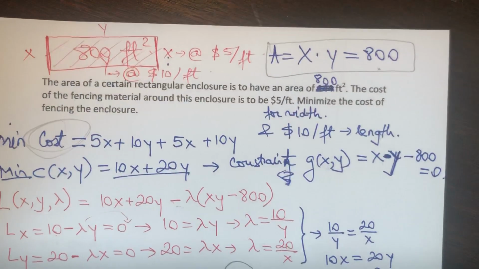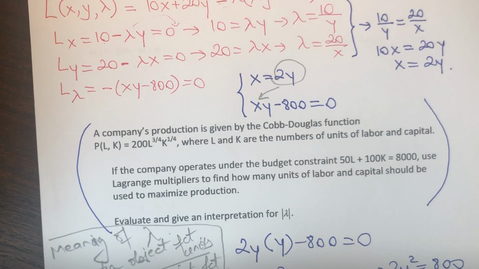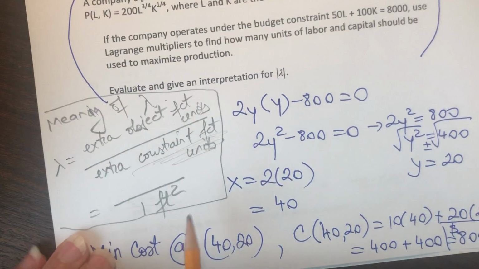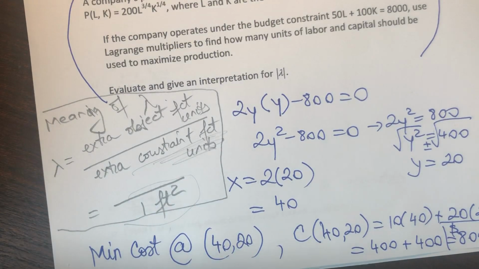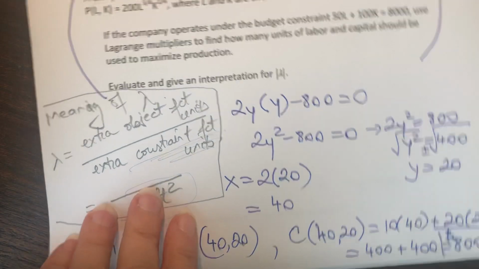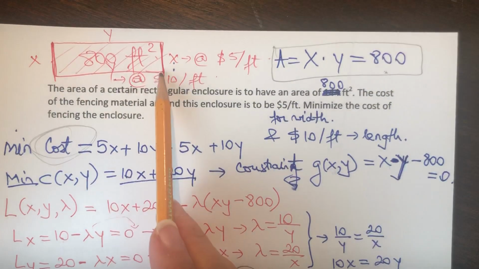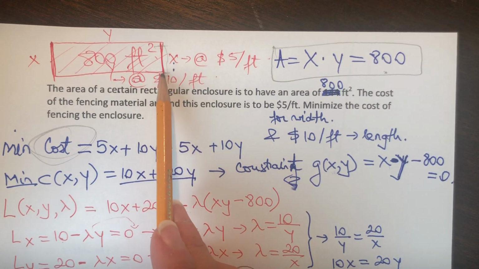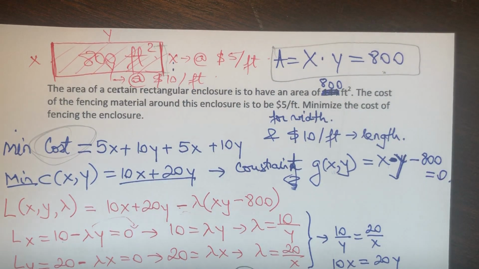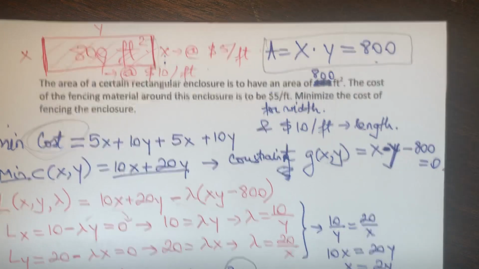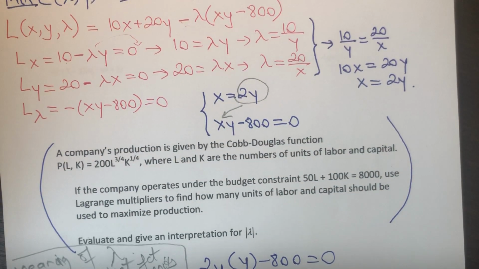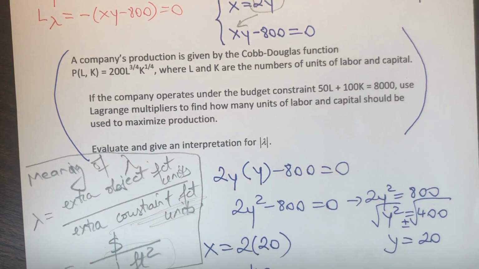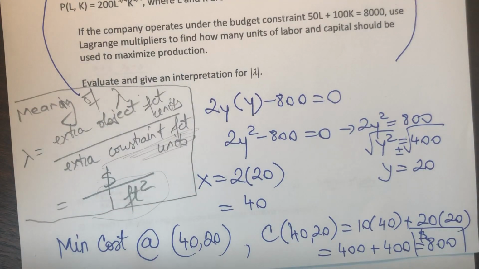So what we are saying is simply that if you put one extra square foot into this enclosure, so you make it a little bit larger, yes, a little bit larger enclosure will definitely mean a little bit more fencing, yes. You will get this many extra dollars in your cost.